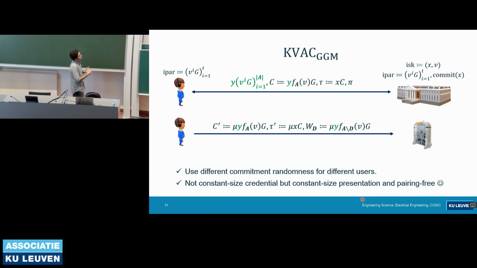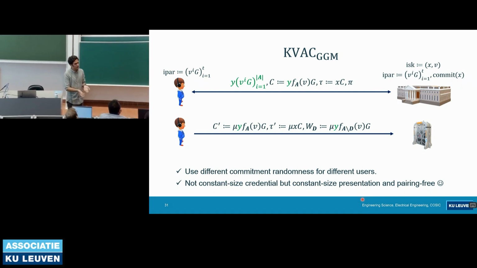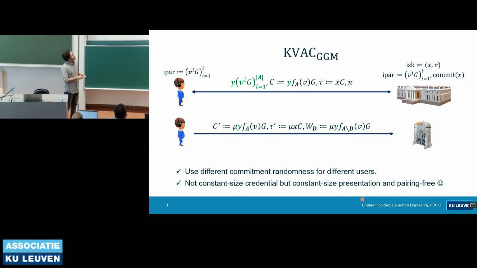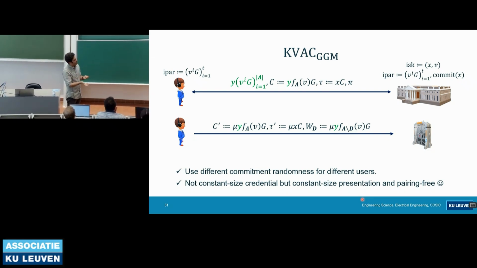So the thing that we did was to make this simple construction secure. How we did that was to add randomness to the commitment. So now the commitment is not deterministic anymore. For every user, the issuer uses a different randomness value, y.